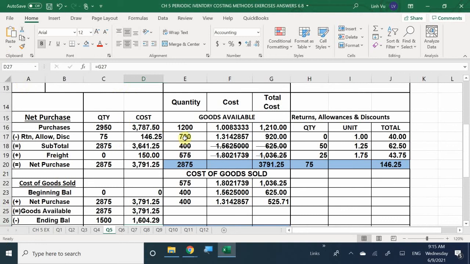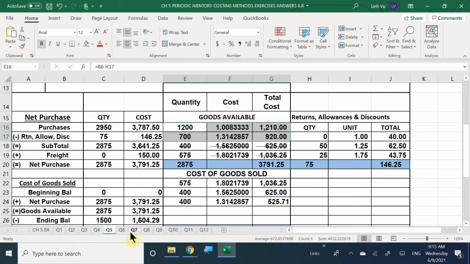So right here, I'm going to be transferring these 2 batches, because I only dipped 400 from this one, so I should have 300 left. We already know what the cost of that was, so we can solve for the rest later. Here I'm going to transfer the 1,200 units at 1210.